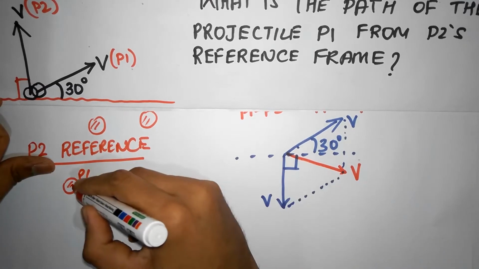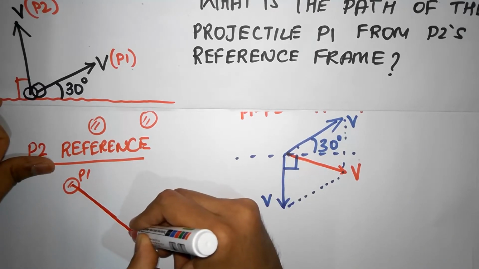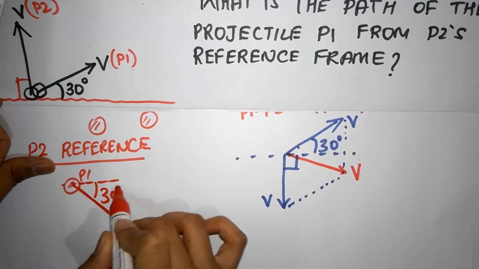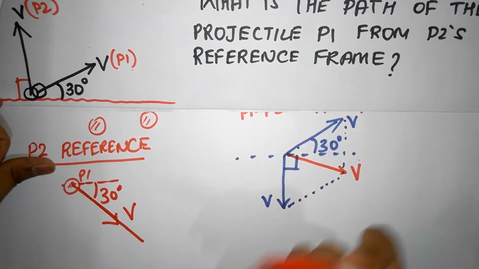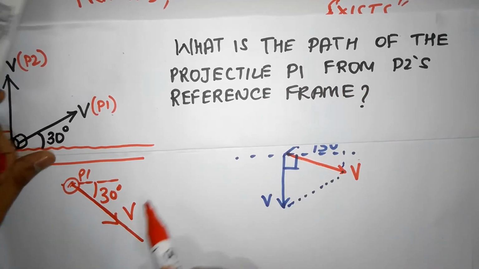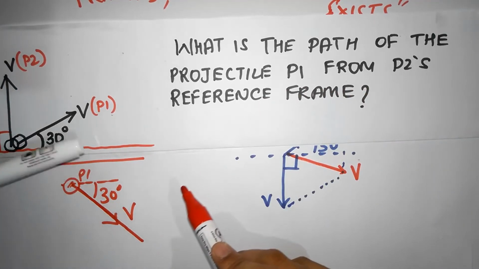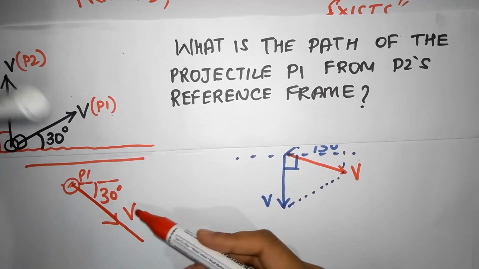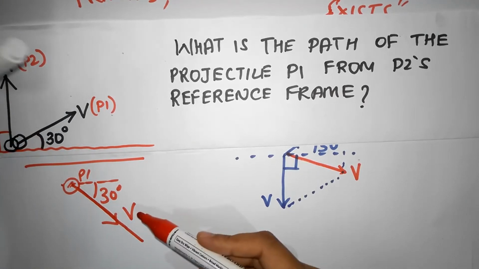It's going in a straight line this way. That's it. And it will be going at an angle of 30 degrees with a speed V. So although they asked us what is the path, we did just more than that. We know the path is going to be a straight line, but we also calculated what angle with respect to the horizontal and at what speed. The speed is going to remain V.